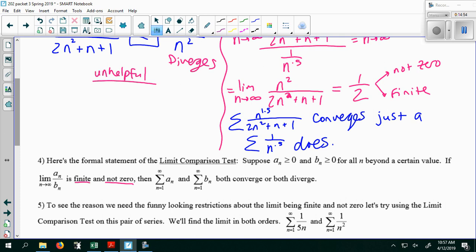Because the limit was non-zero and finite, both of those sums have the same behavior. And I know the behavior of 1 over n to the 0.5 is divergent.